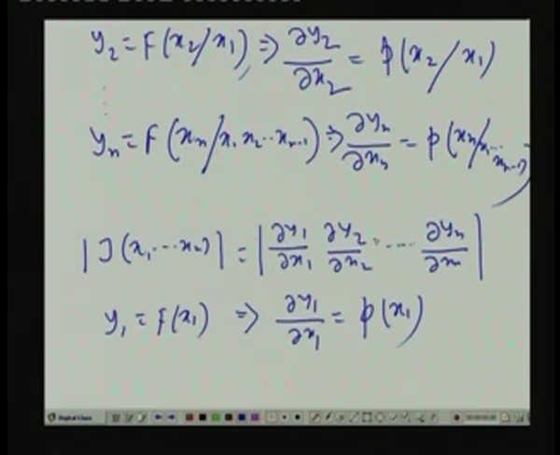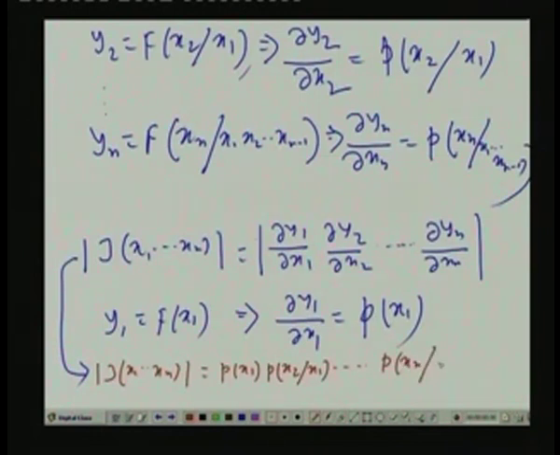What is this product? In this case, this Jacobian determinant of y with respect to x1 to xn will be p x1, p x2 by x1, dot dot dot, up to p xn by xn minus 1 up to x1.